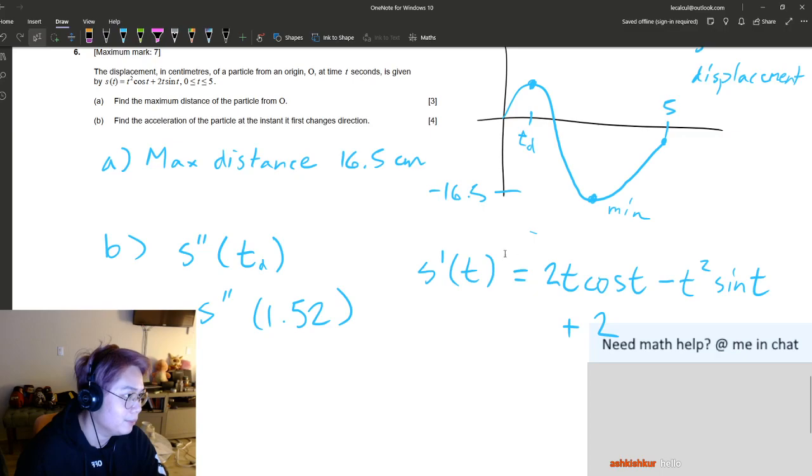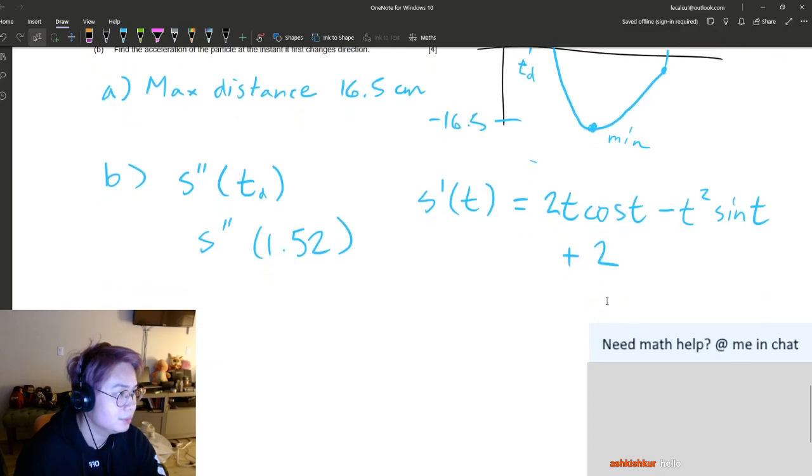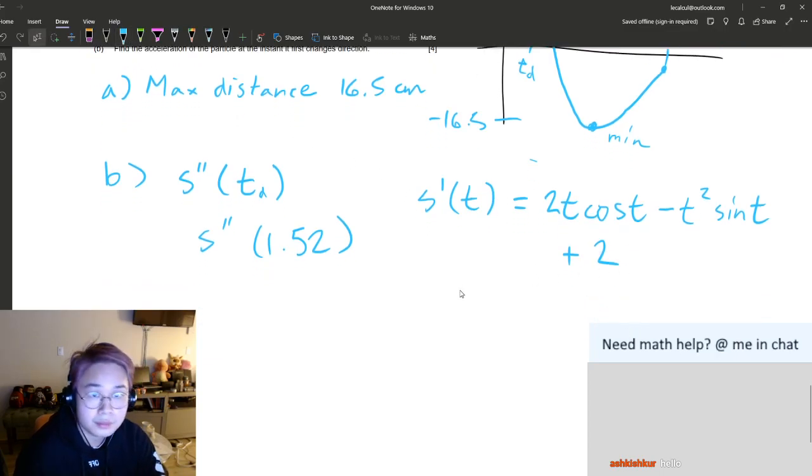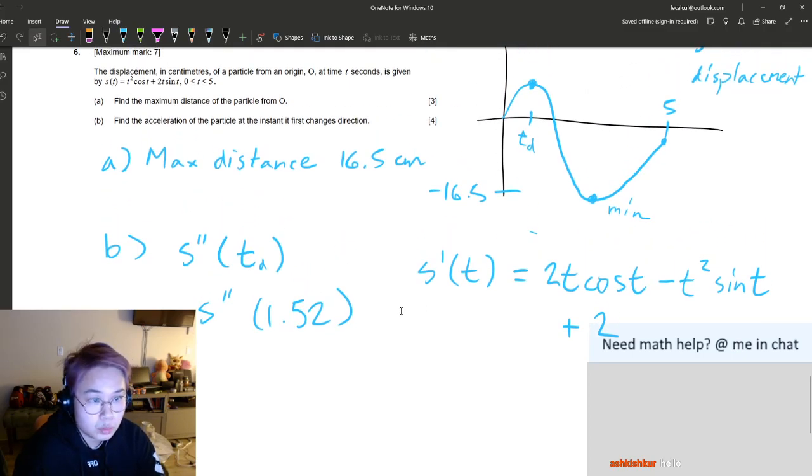Sorry, I'm taking product rule of the first term, that's these two, and I'm taking product rule of the second term, which is going to be down here. So sine t, and then 2t cosine t.